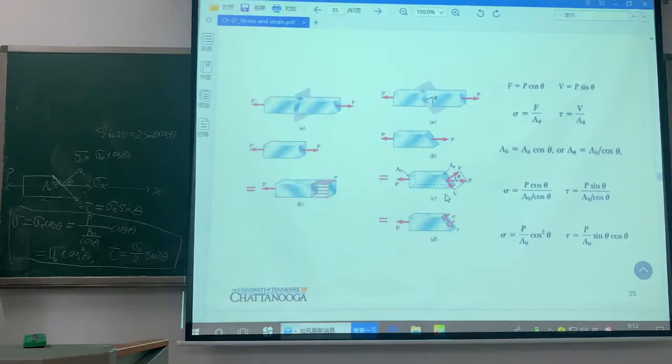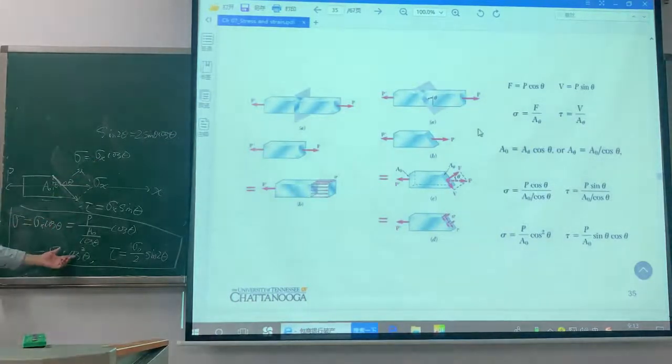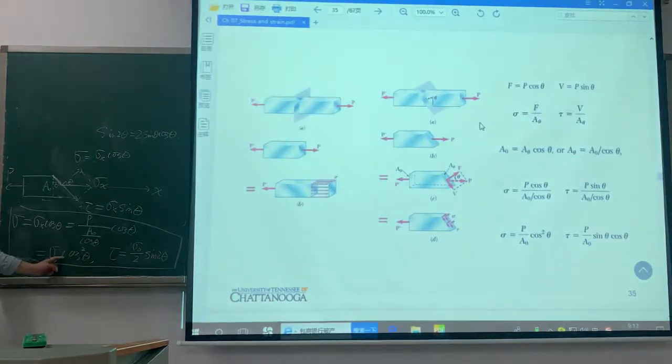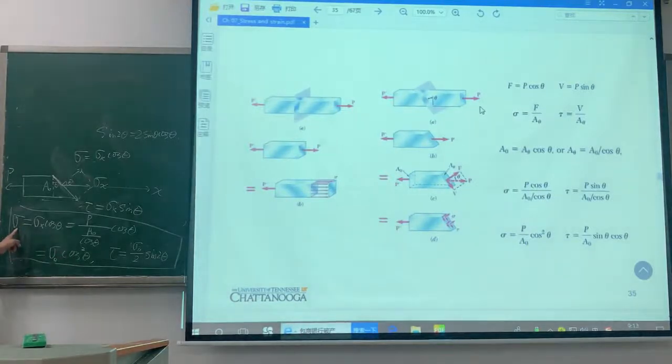How did you find those formulas? Can you explain the formula? Yes. The relation is this: if you know the normal stress on the cross section, we can find the normal stress on the oblique surface.